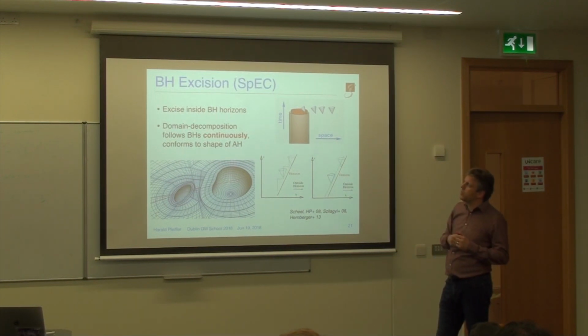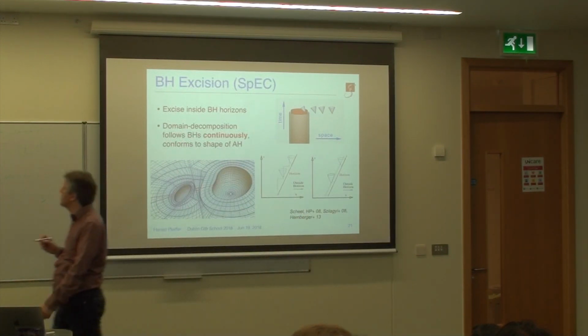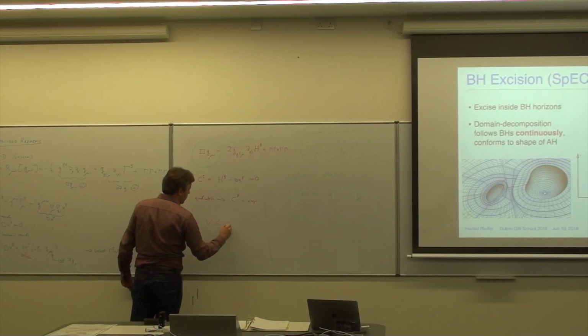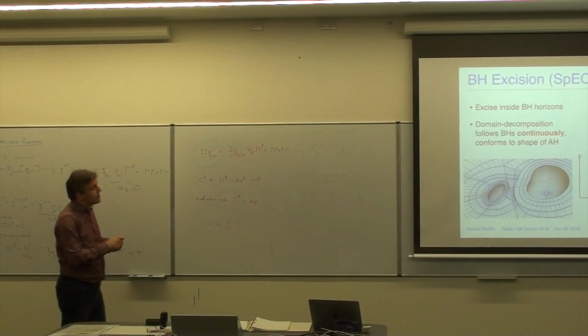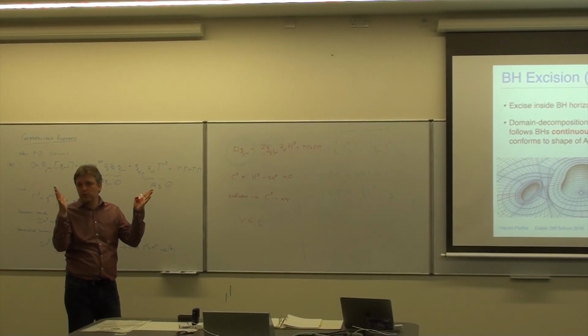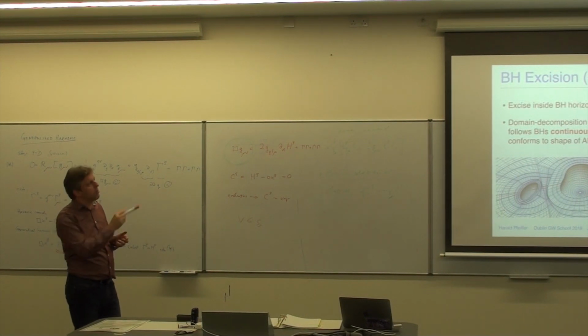That's another point, by the way, where the generalized harmonic evolution equation helps a lot. GH has all characteristic speeds less than or equal to the speed of light. And so you actually have all information propagation inside or on the light cone, and that's essential to making black hole excision work.